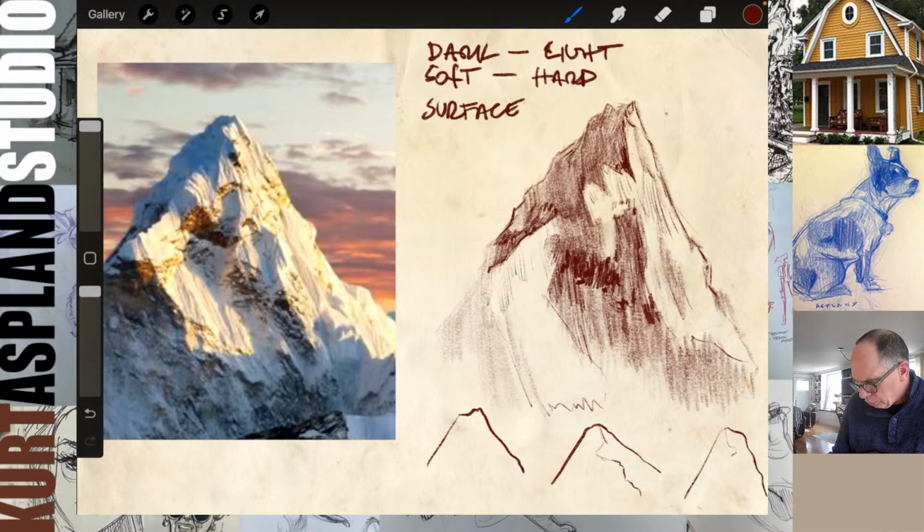Once you establish that, you might come in and establish where maybe some light's peeking in on the dark side. And then you're going to drop in this with one even tone.